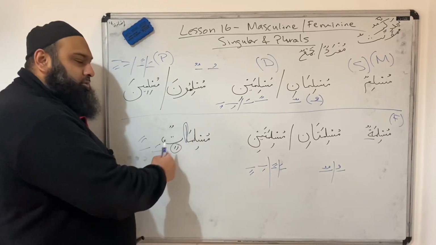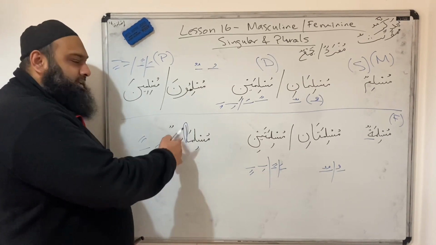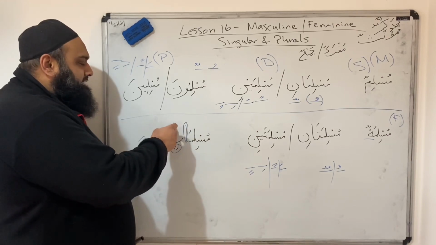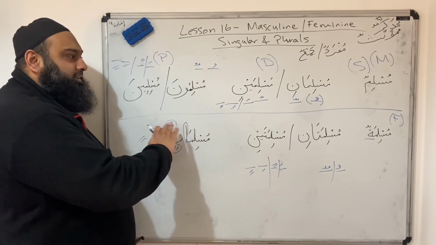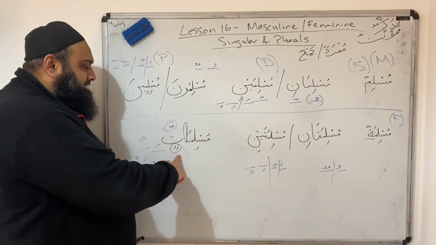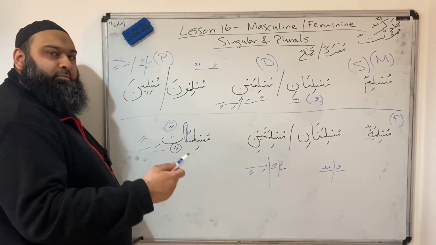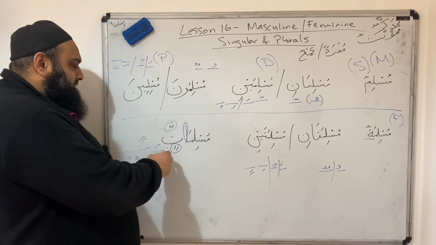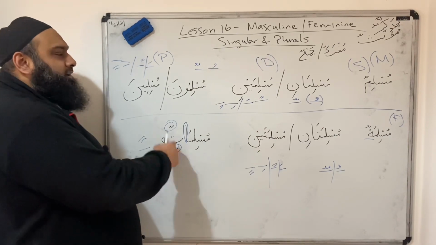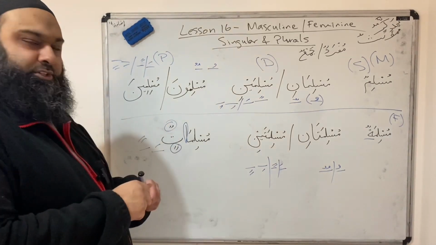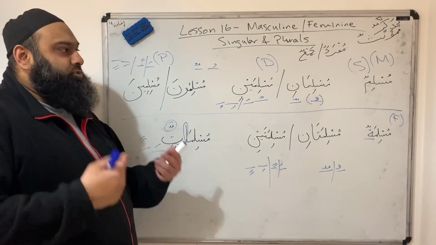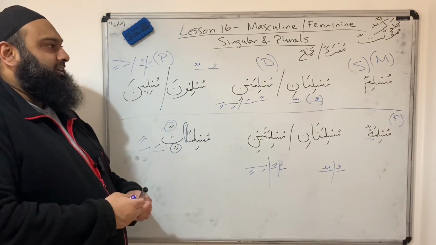If there's alif lam, there will be a kasra underneath it. If there's no alif lam, it will be kasratain. But rafa' is as normal, anything in dhamma case. But the jama' mu'annath, the feminine plural, if it's kasra or if it's fatha, will always take a kasra. That's something you just have to realize from the grammar. As you read the Quran, you will inshallah understand it a little bit more.